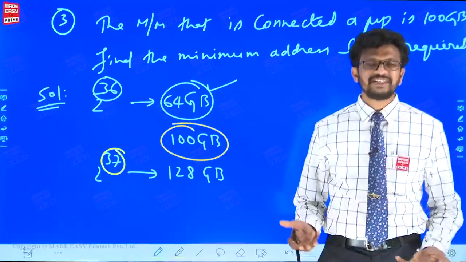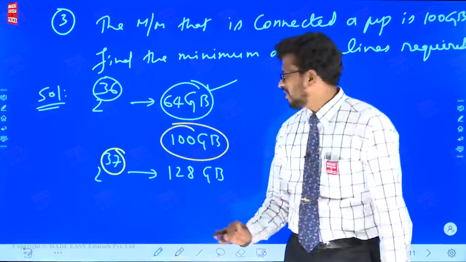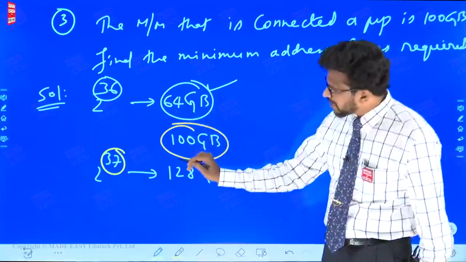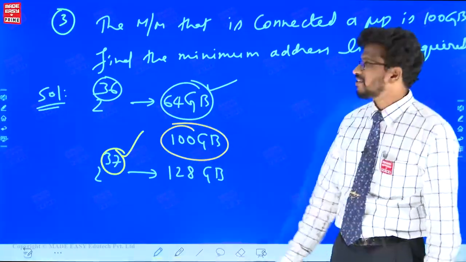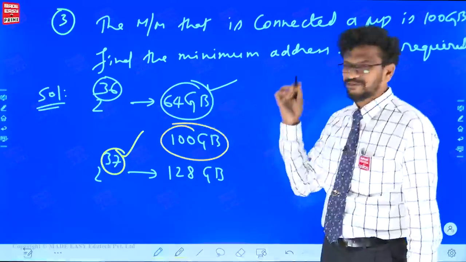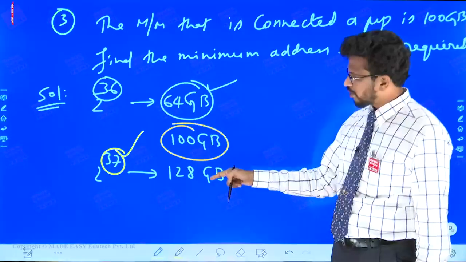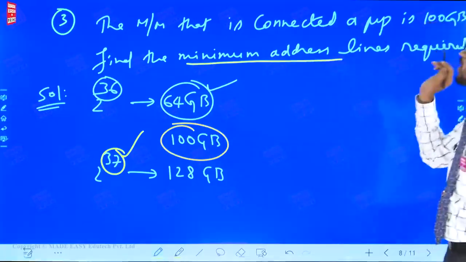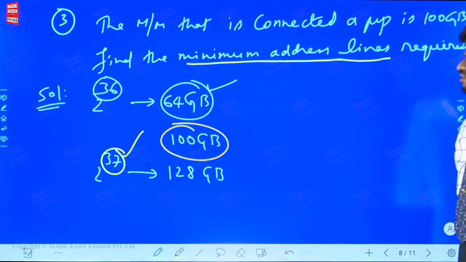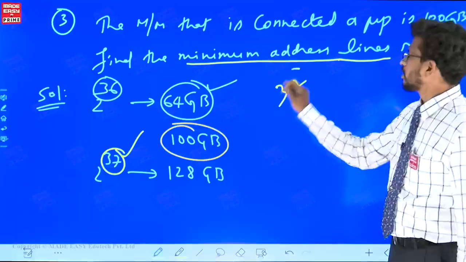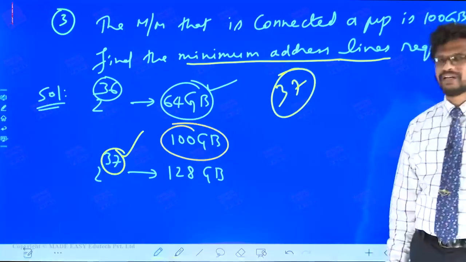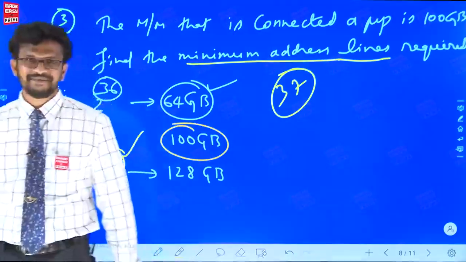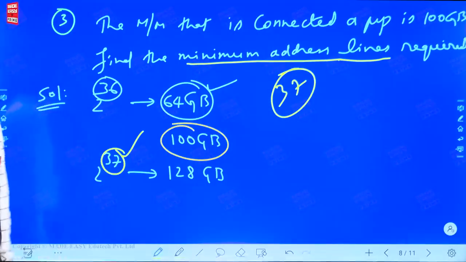Anything that crosses 3 comes under the fourth over only. The same way, here above 64 GB till 128 GB, the minimum lines required are 37 only. Because if you take 36, it can address only 64 GB. That is why the question asks for the minimum number of address lines. So the answer is 37. That is how we can solve the problem. I hope you have understood what this memory is. Clear? We shall continue with the further topic.